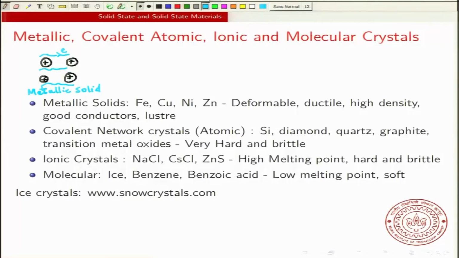The other kind of solids that we often deal with are what are called covalent network crystals, and the best example is silicon or diamond, where essentially you have covalent bonds.